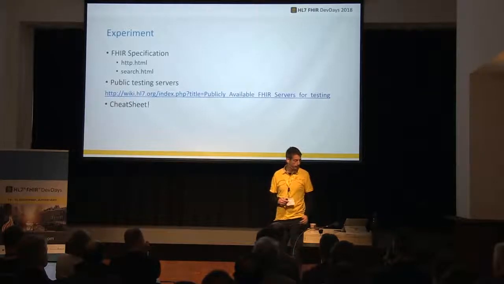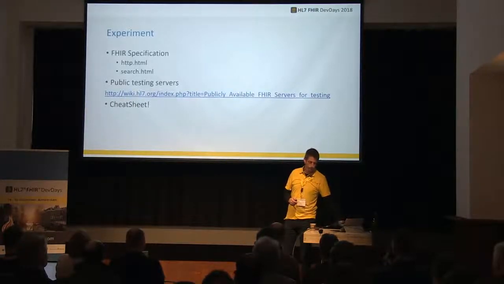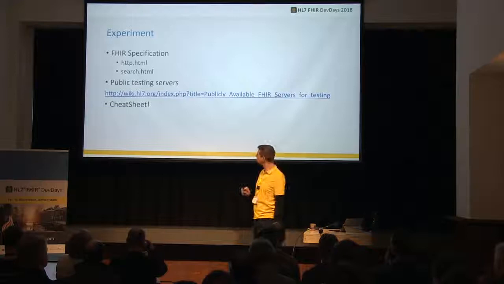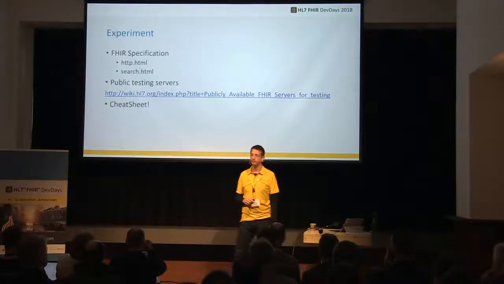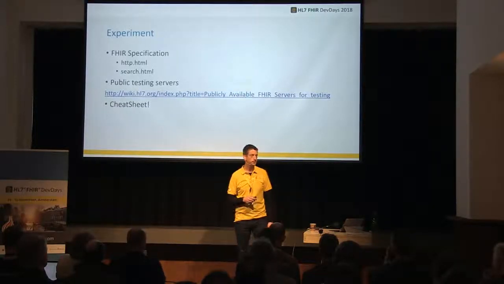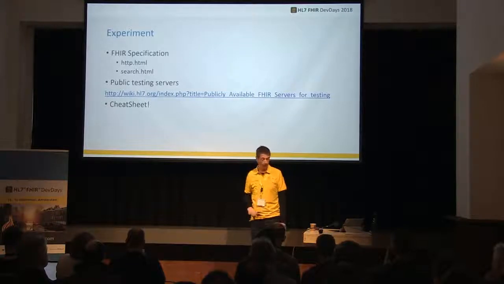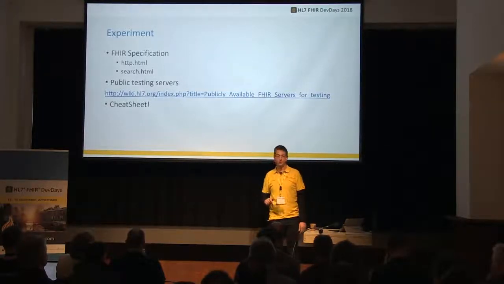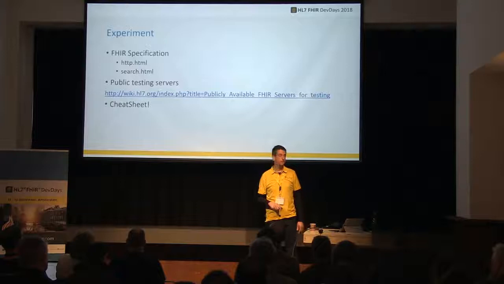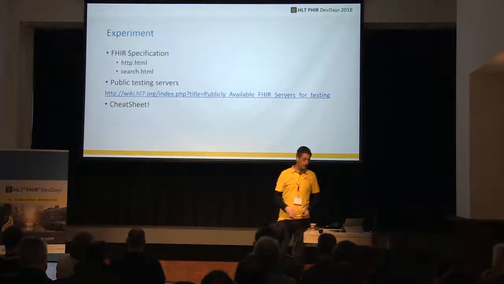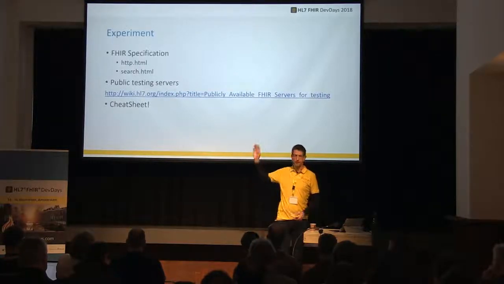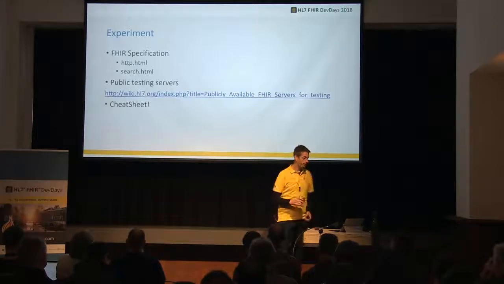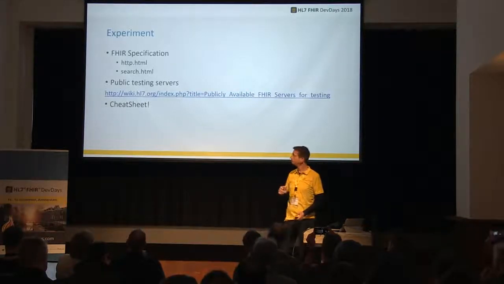All right. To get acquainted with this, I urge you to experiment with this. First of all, there are 2 pages in the specification that you would definitely want to read about this. That's the http.html and the search.html, with the thing in front like hl7.org/fhir, or build.fhir.org if you want the latest version.